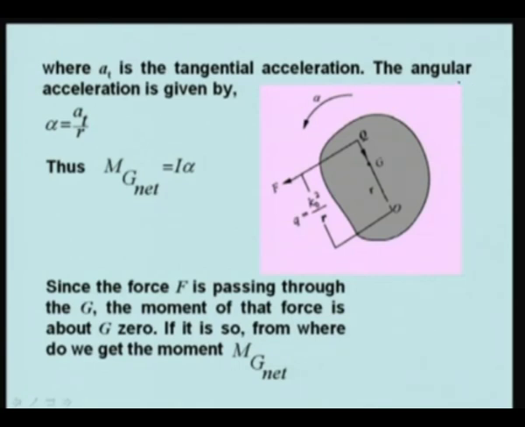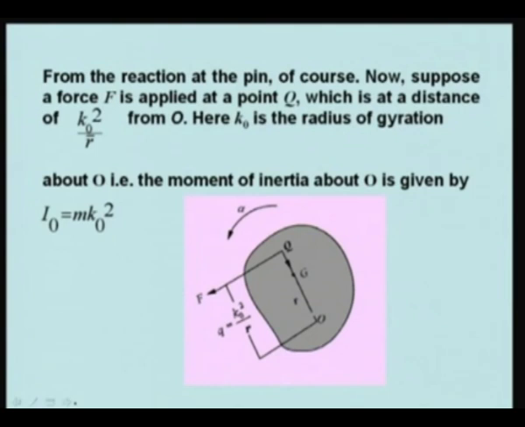The angular acceleration is given by alpha is equal to At divided by R. So thus you will have M G net is equal to I alpha. Now since the force F is passing through G, the moment of that force about G is zero. Obviously we get the balancing moment from O, from the reaction at the pin, because it is pinned at O.